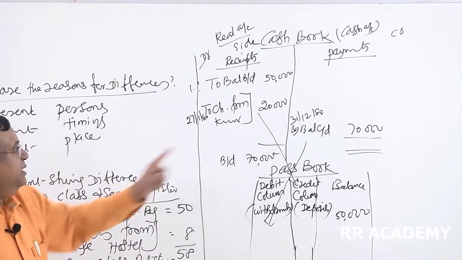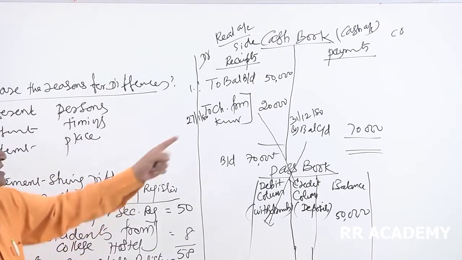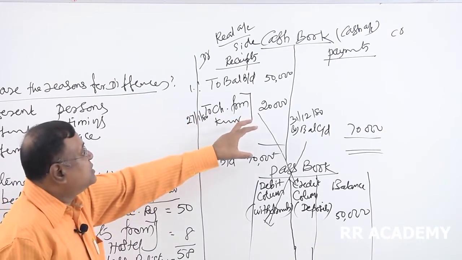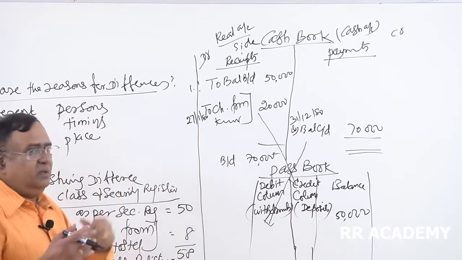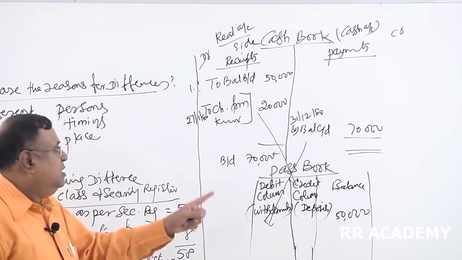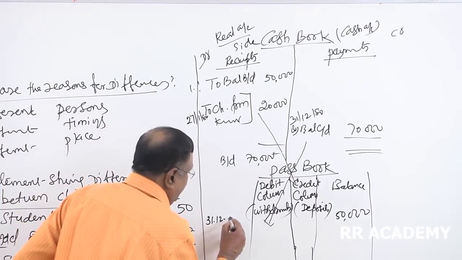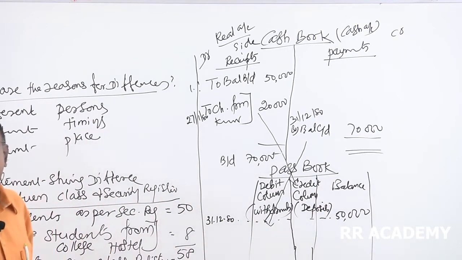Check deposited 20,000. They close. Now balance as per cash book is 70,000. Correct only. Carried down, brought down. What about the passbook? On 31/12/80, the passbook will show only 50,000.